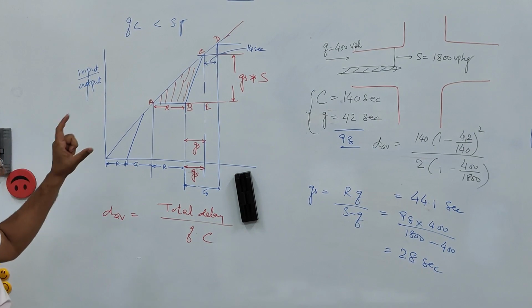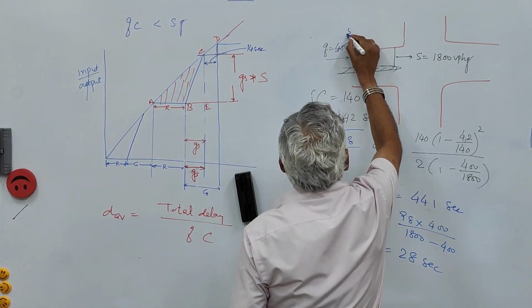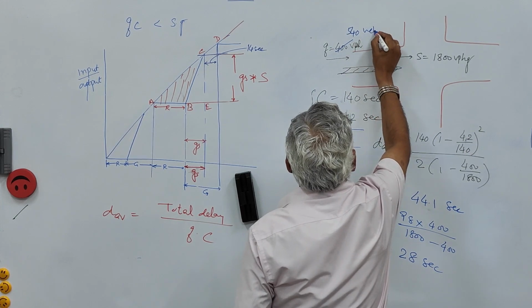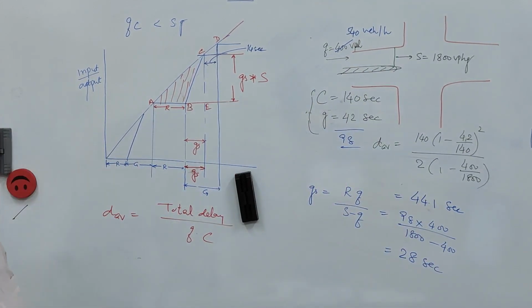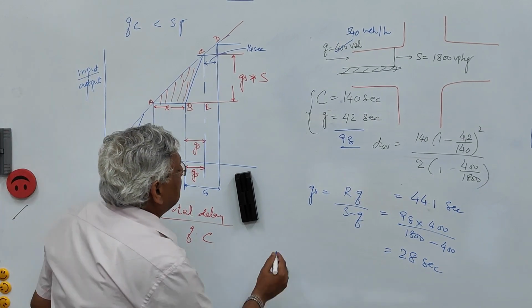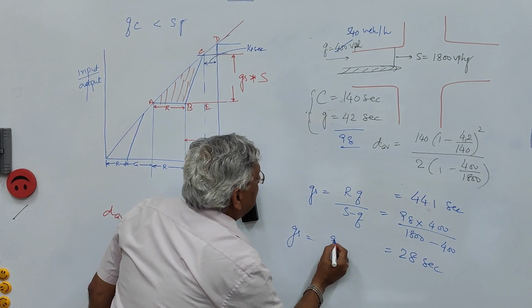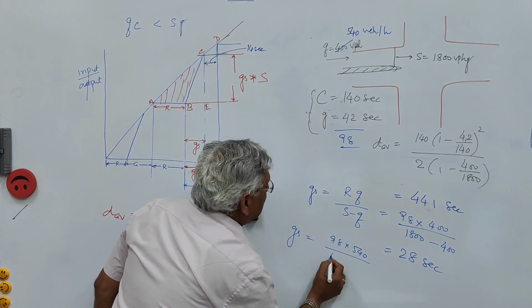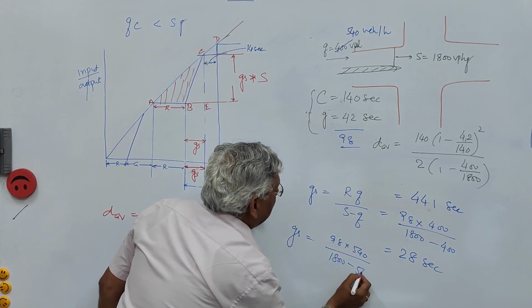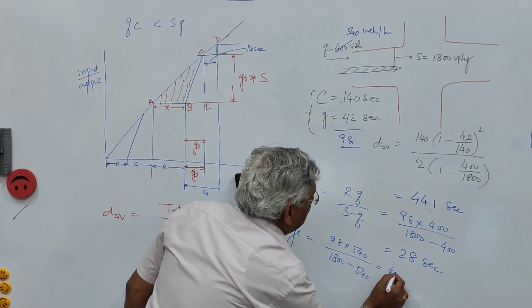Now what happens to this intersection if I increase this flow to 540 vehicles per hour? Let us see how much GS is now. GS is 98 into 540 divided by (1800 minus 540). This is exactly 42 seconds.